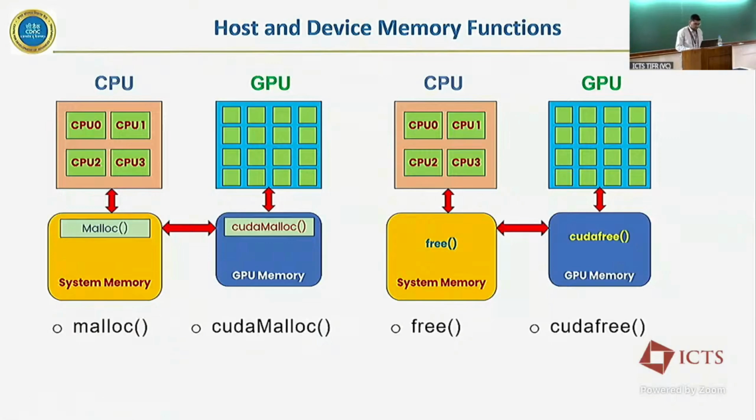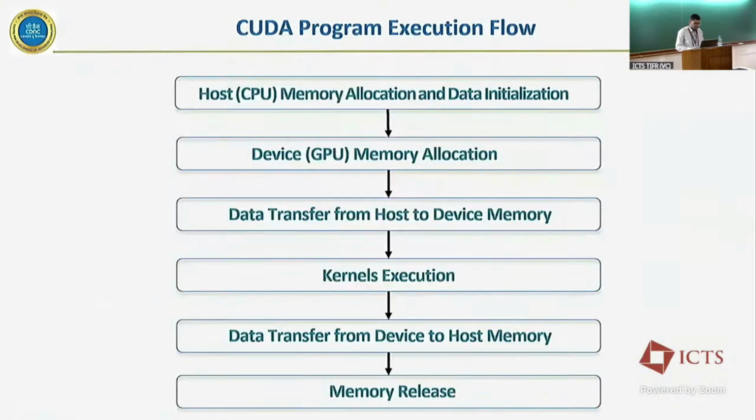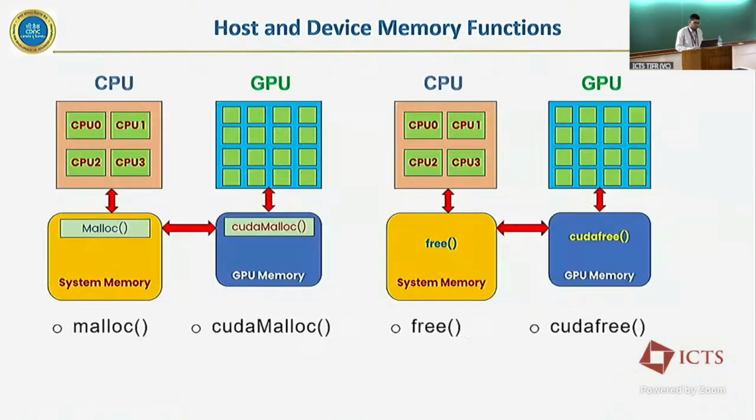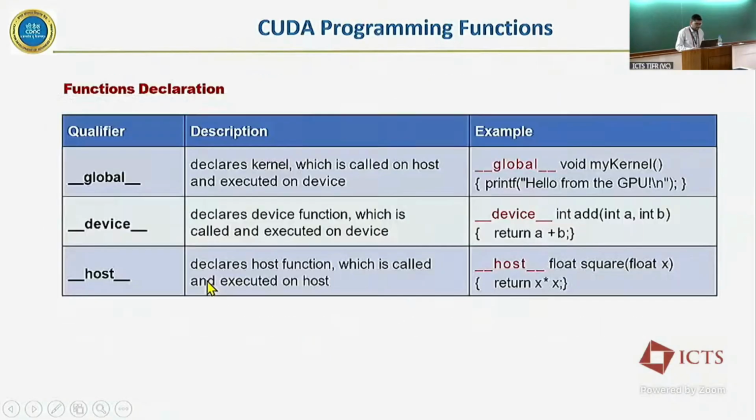Then, in the second step, you allocate the memory on the GPU device. Once you are done with the CPU, you move to the GPU and allocate memory for the same variables.